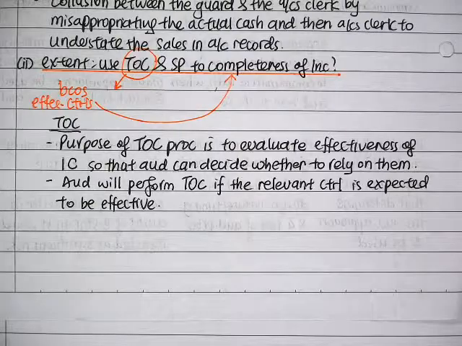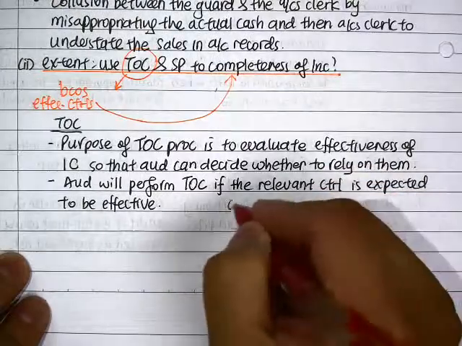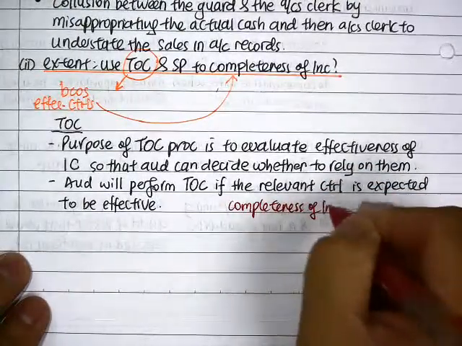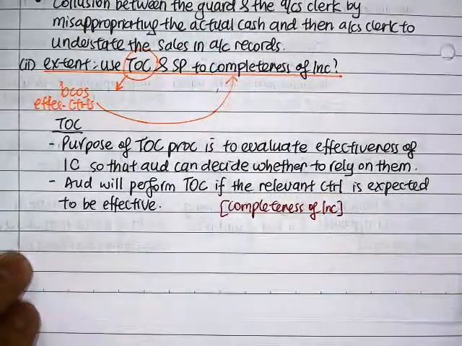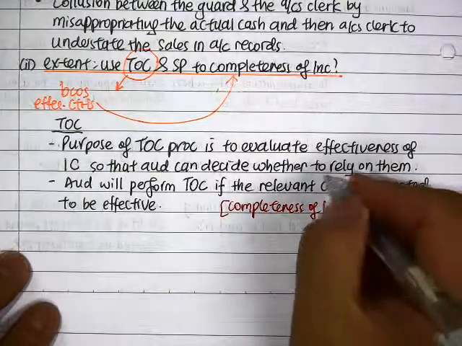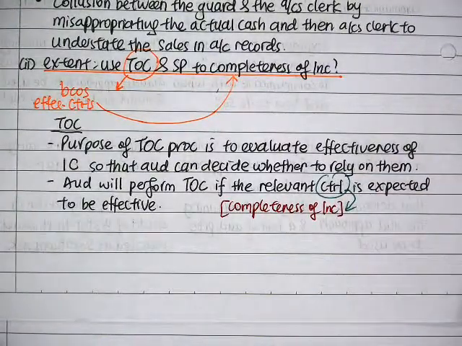Now we must apply back to the requirement of the question. The question that they are saying now is completeness of income. So you ask yourself when you read the case, what do you think about control for completeness of income? Do you feel the risk of income being overstated is high or understated is high?